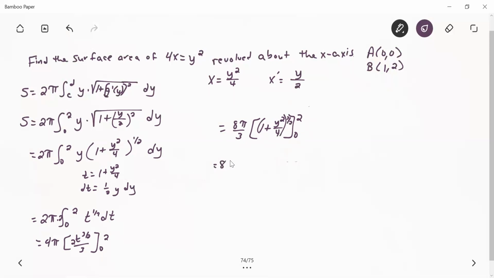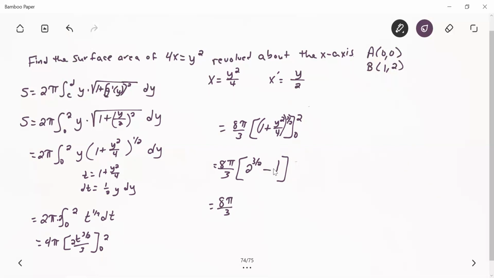So 8 pi over 3 times, I'm going to plug in the 2 and do this math. 2 squared is 4, 4 over 4 is 1, 1 plus 1 is 2 to the 3/2, minus, when I plug in 0, this piece goes away, but the 1 stays there. So this gives me 1 to the 3/2, or just 1. So that gives me 8 pi over 3 times 2 to the 3/2 minus 1.